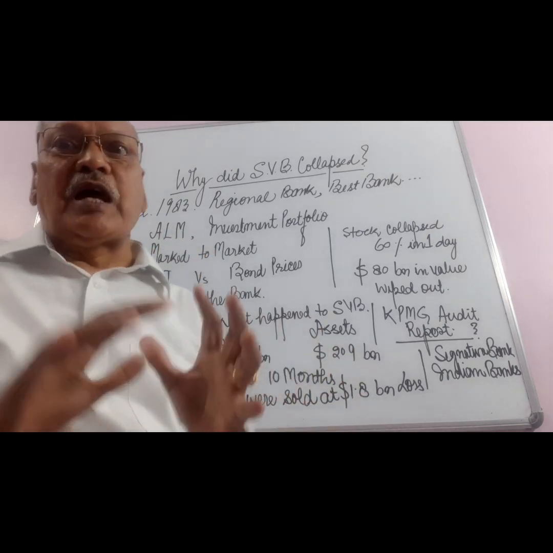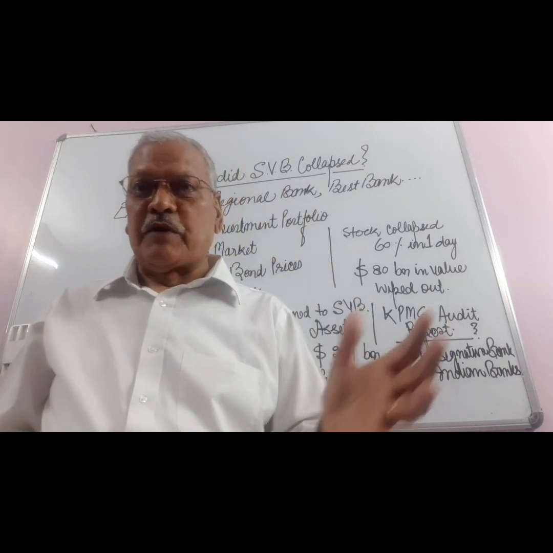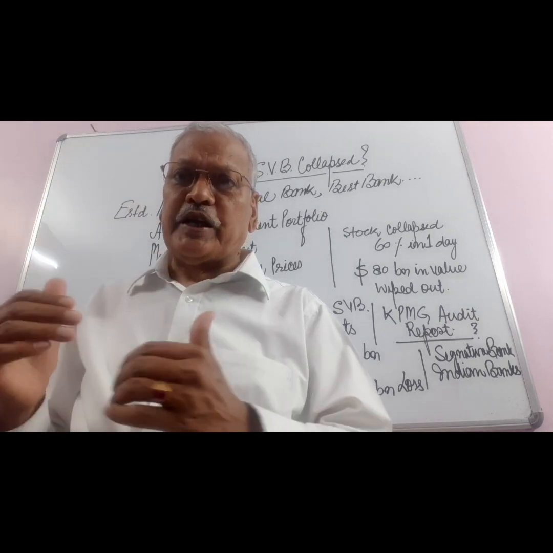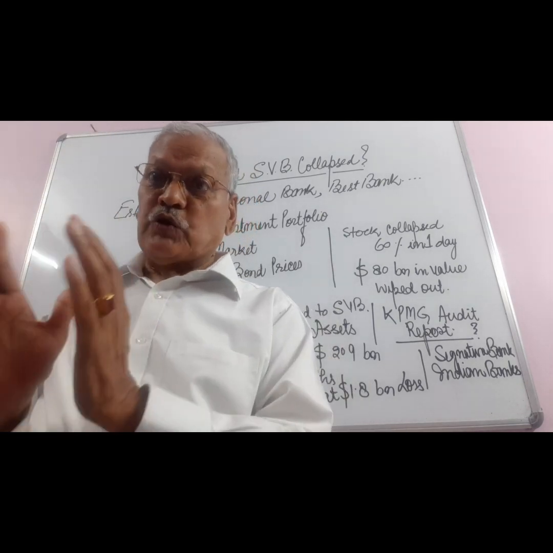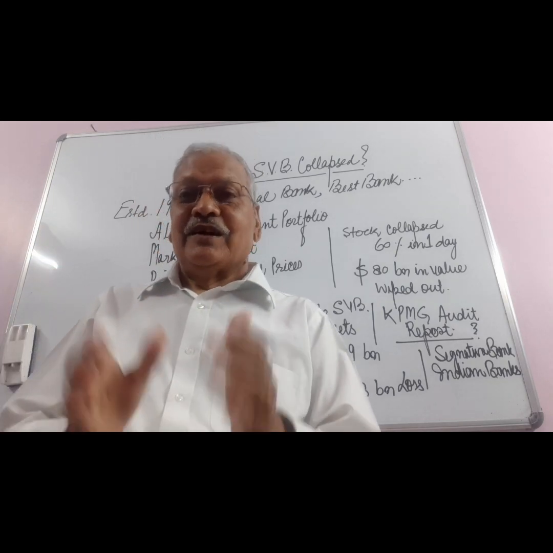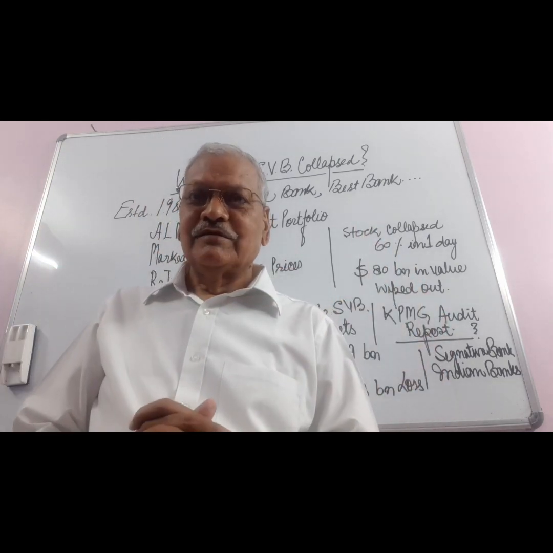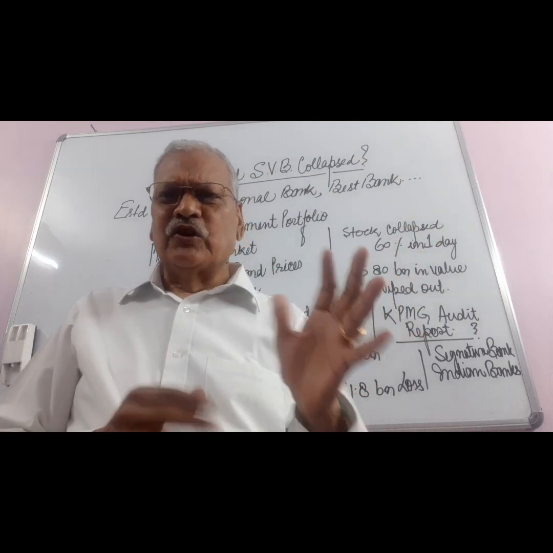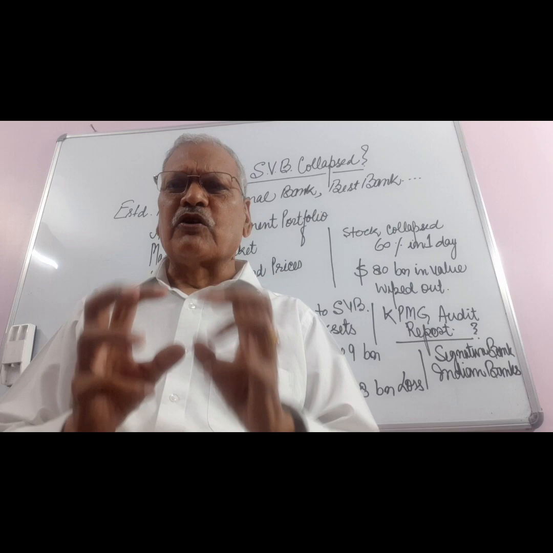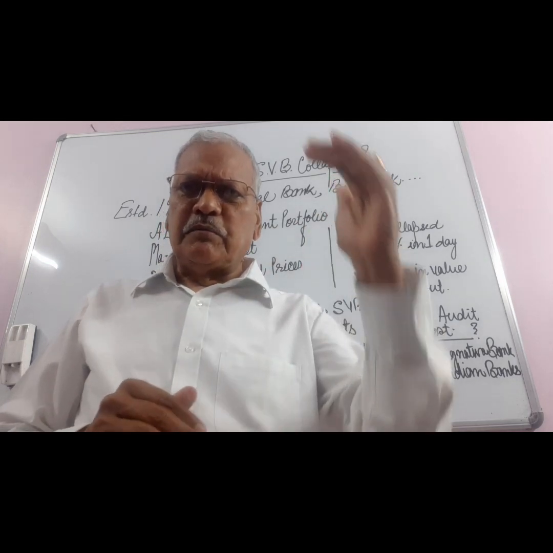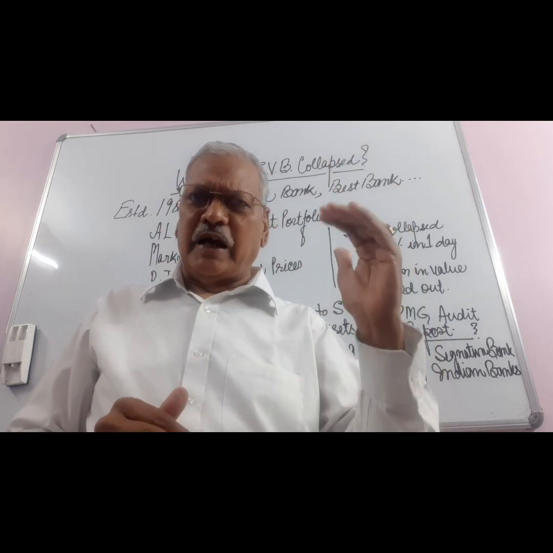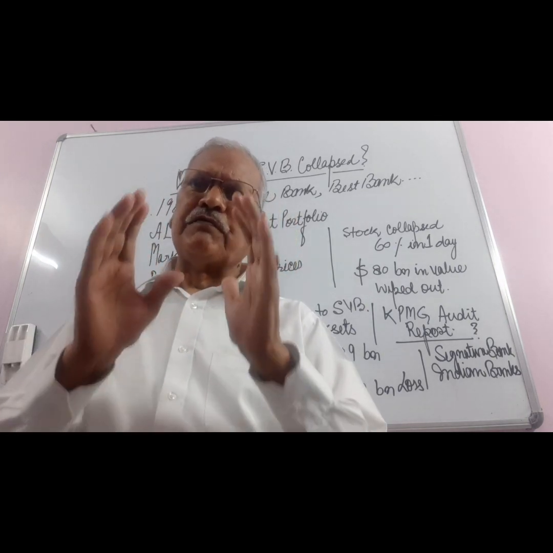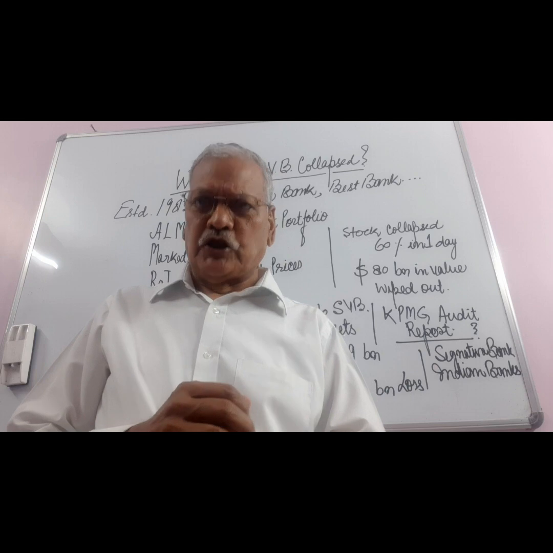What is asset and liability management? For a bank, assets are the loans and advances and its investments. Liabilities are all the deposits. We do not consider here the capital and reserves and other liabilities. They are also liabilities, but mainly our focus will be on deposits.